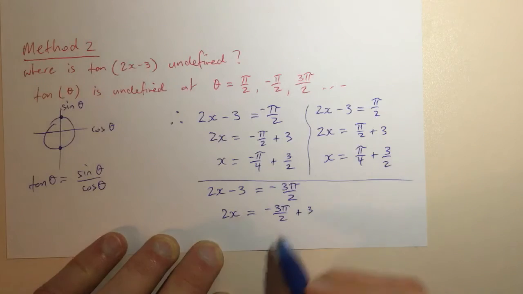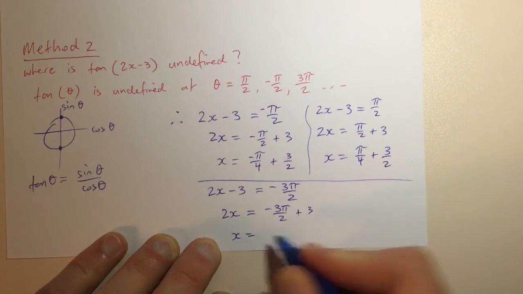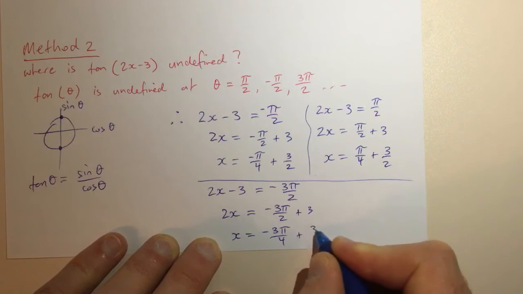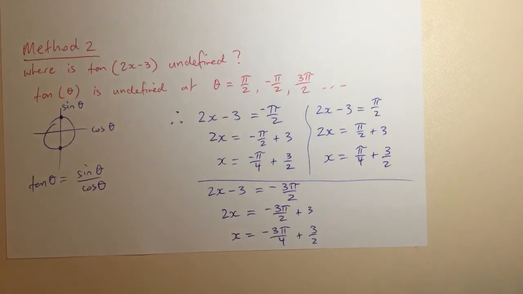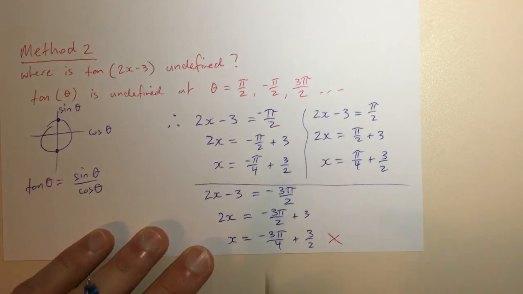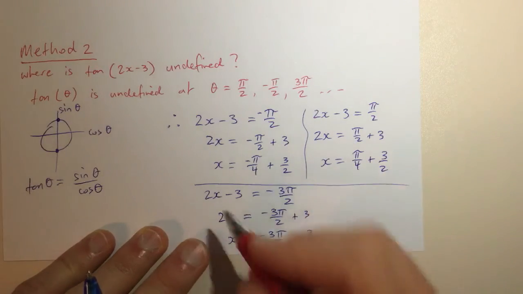Take the 3 over, divide both sides by 2. As we said before, pi is about 3, so this would be roughly 3 times 3, which is 9, 9 over 4, so that's 2 point something, so negative 2 point something plus 1.5. This is going to be a negative answer, as we saw in the other method. So we're not going to use that.